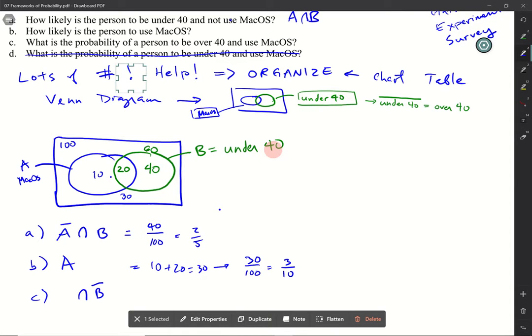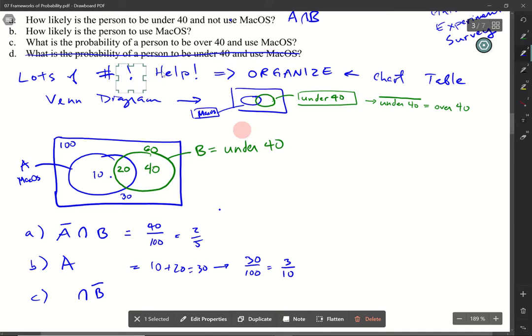But if we have a convention, we put A on the left and B on the right, right? So C, what is the probability of a person to be over 40? So if B is under 40, then the complement of B is over 40. Okay, so we'll put the complement of B, and then and use MACOS. That's straight A by itself, not A complement.